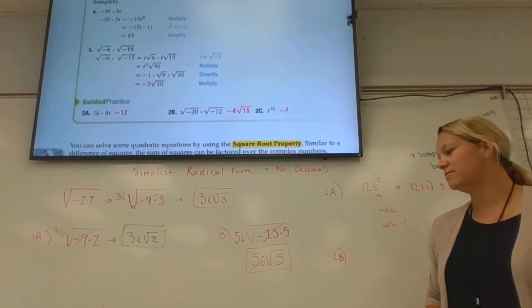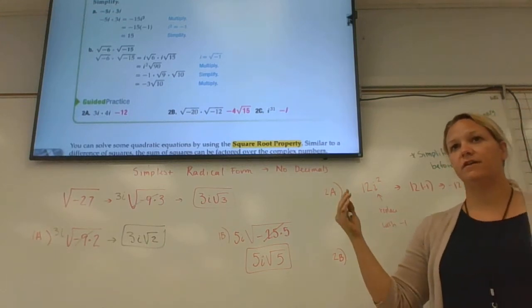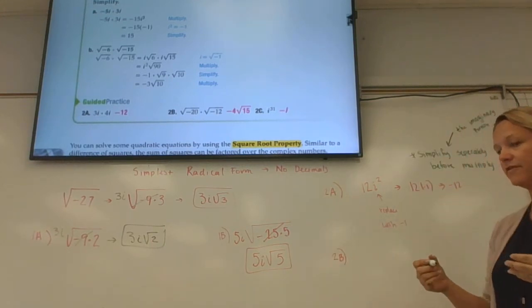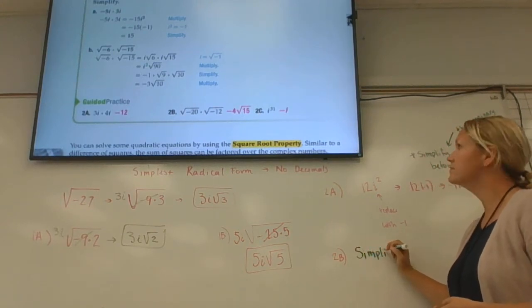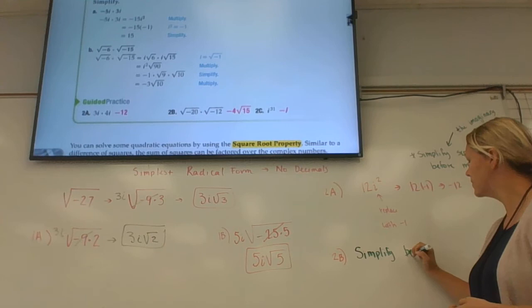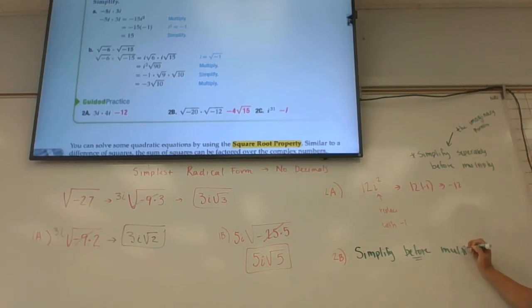So there's just something really tricky about this. When it comes to multiplying radicals, if they are negative, you have to simplify before you multiply. Or your answer will always come out positive, and then you'll have to factor in that there was a negative.